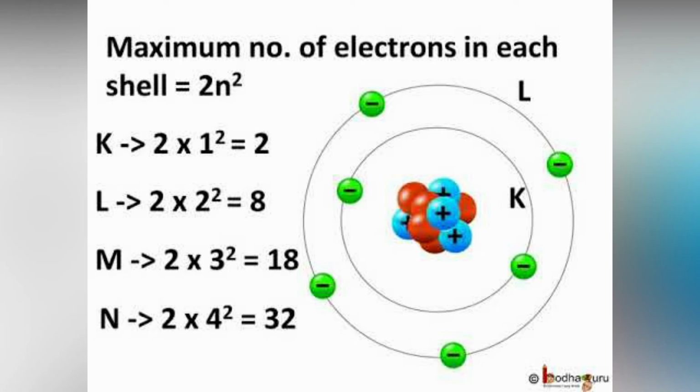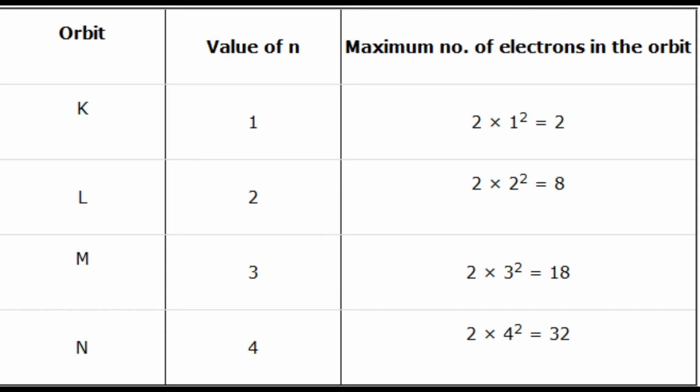Remember that the electrons follow a certain rule known as the 2n² rule to arrange themselves in the different shells around the nucleus. This specific rule tells us the maximum number of electrons that any shell can hold in a given atom. Here, this n represents the shell number which goes from 1 to 7, where the innermost shell is shell number 1 and the outermost is shell number 7.